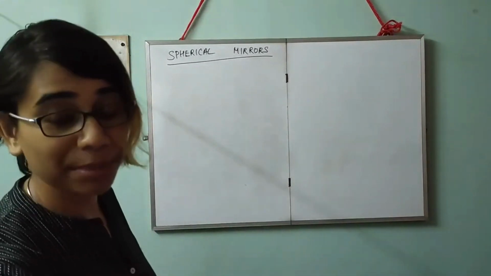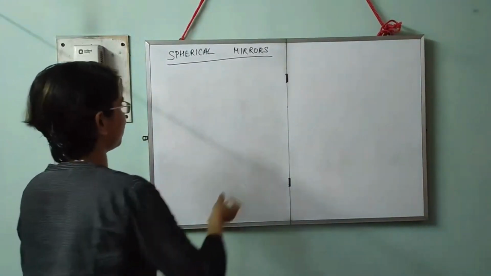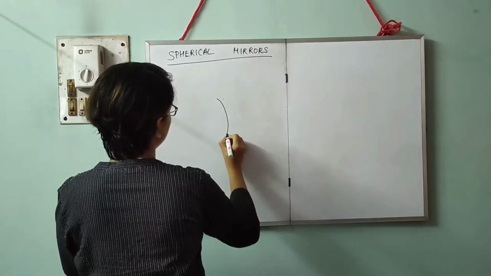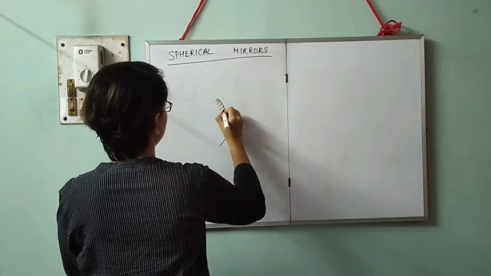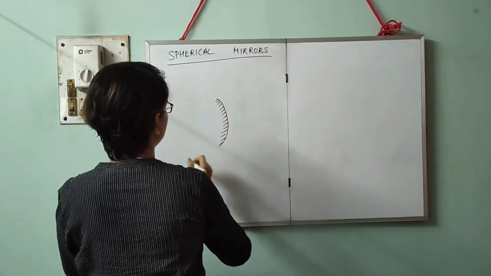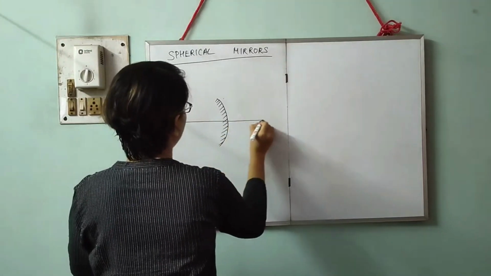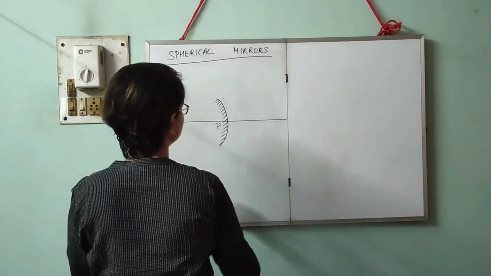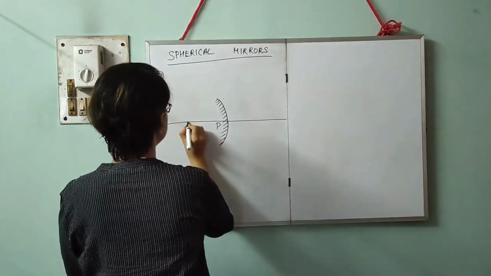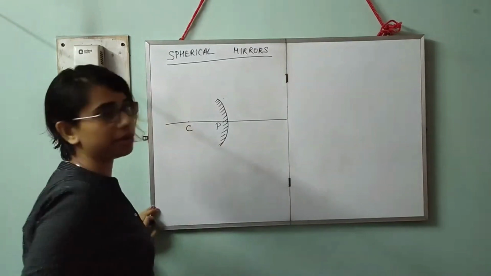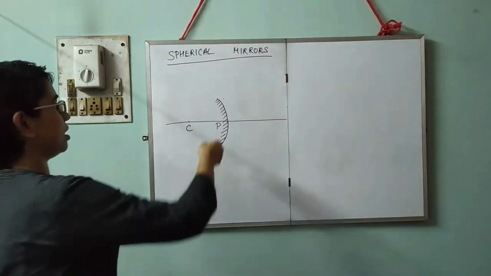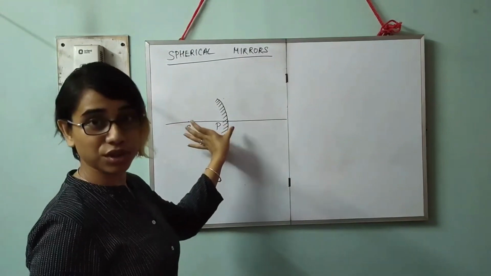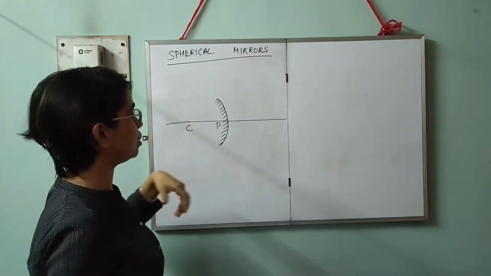Now let us see what will happen in case of a convex mirror. We will still have our pole over here. We will have our C, because it's this curve, so C will be over here. So this distance is the radius of curvature, and this is the center of curvature.